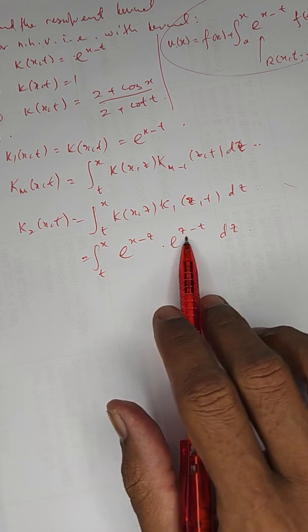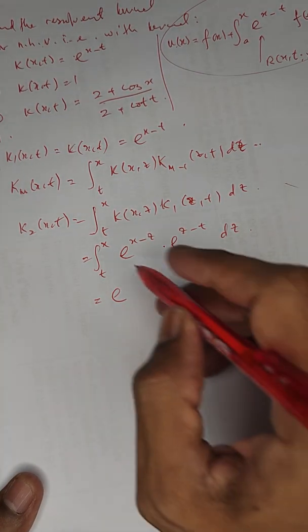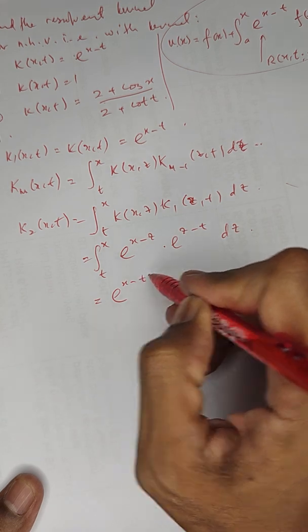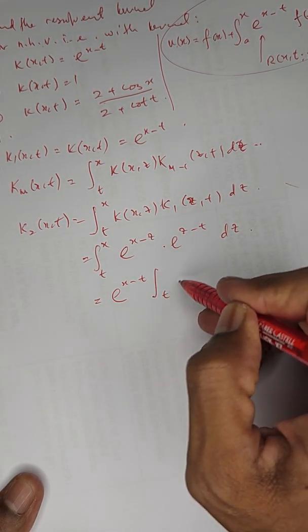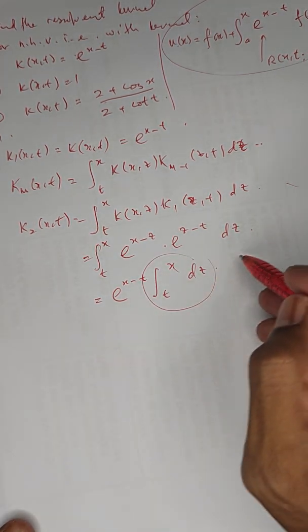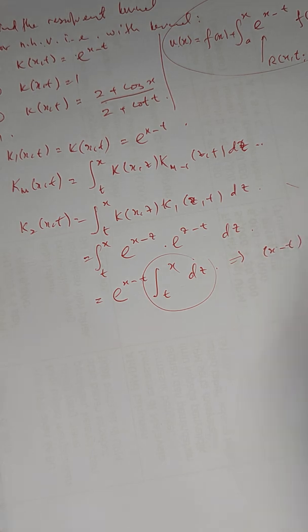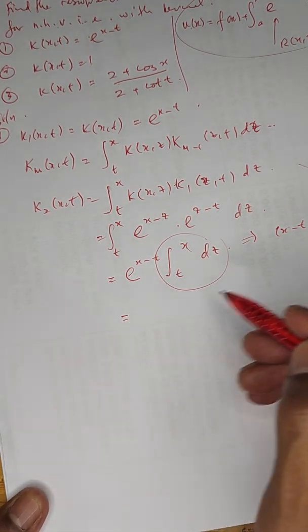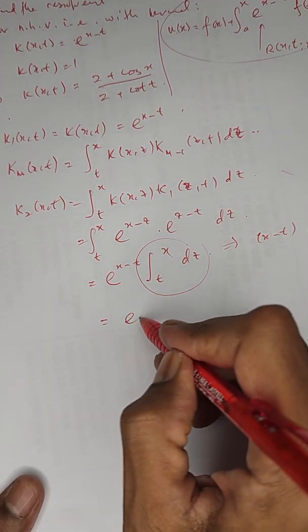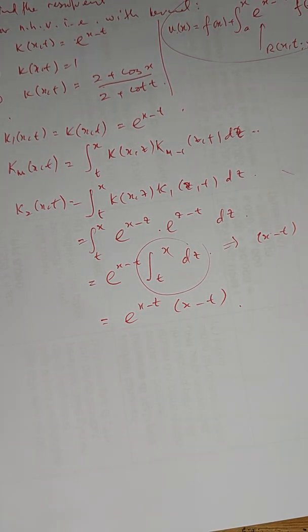You can see here the z cancels out, so what is left is e^(x-t). I put it outside, and then the integral from t to x of dz. That gives you x minus t. So your solution should be e^(x-t)(x-t).